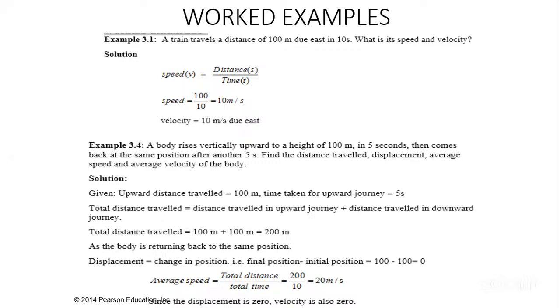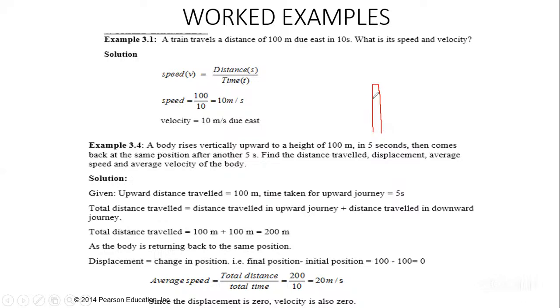So what is the distance? The distance is defined as the total path traveled by an object. So it moved up 100 meters and then comes down to the same position, another 100 meters.